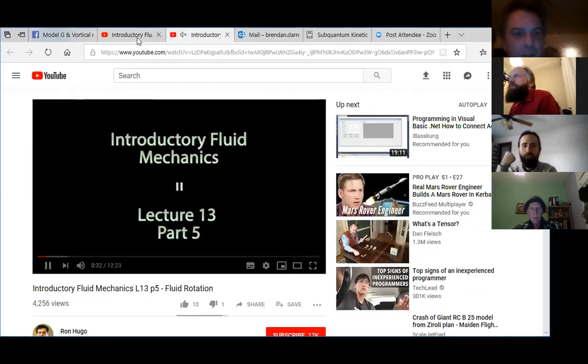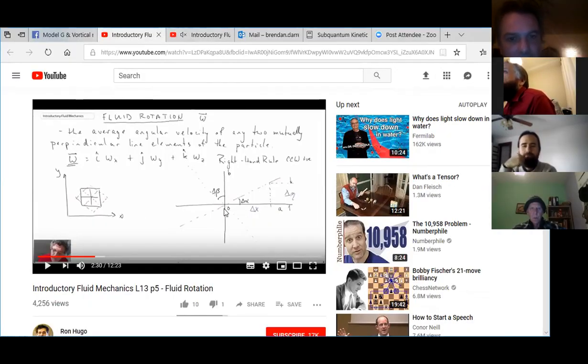He's looking at the components of the rotation of that square, and he's doing rotation around the Z axis.